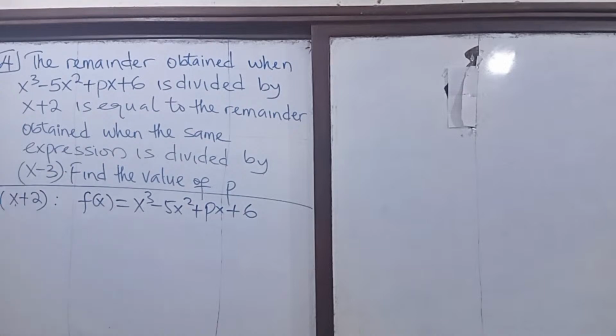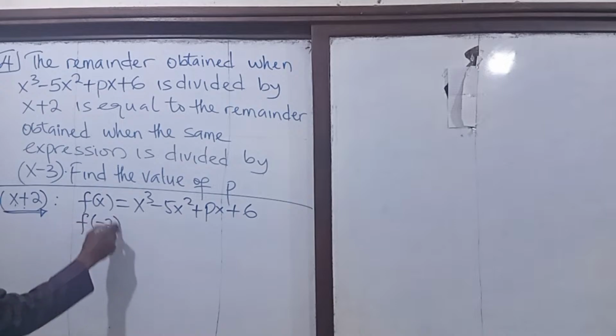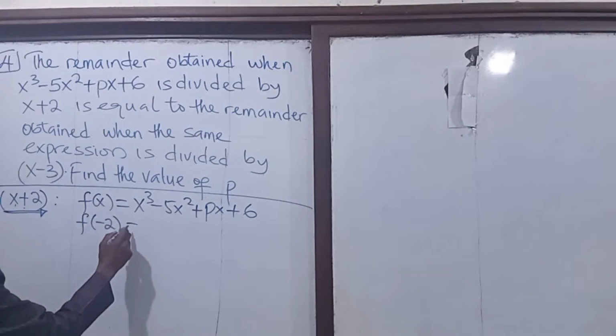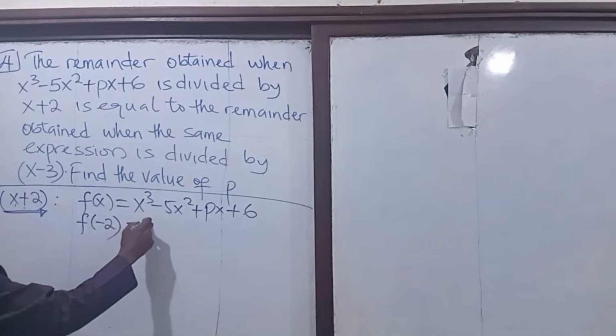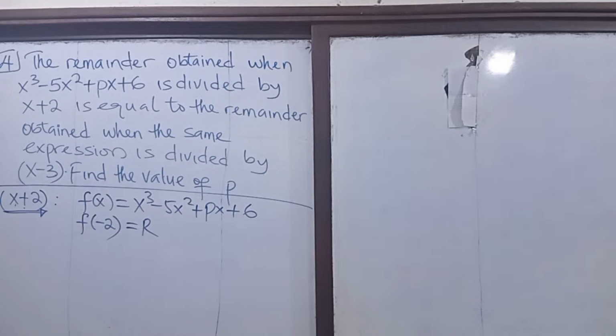Then, according to the remainder theorem, if it's divided by this factor, then f of minus 2 is equal to the remainder.